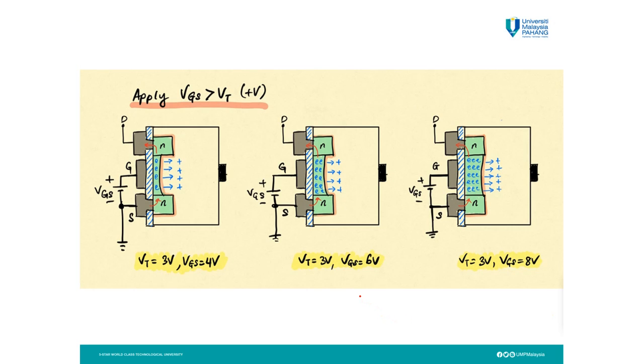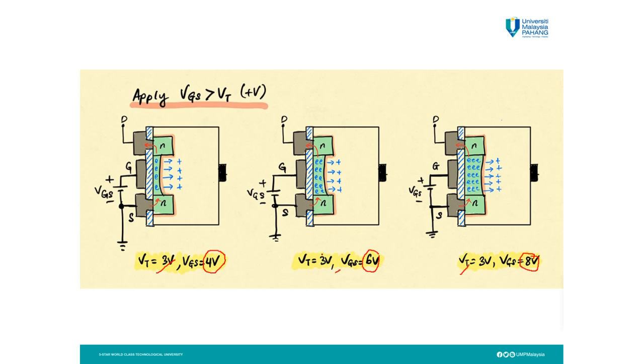Okay, let's take a look at VGS positive, and it must be greater than VT so that the transistor is on. For these three diagrams, I already said VT is the same. VT is 3 volt for diagram 1, diagram 2 and diagram 3. But I increase the VGS from 4, then to 6 volt and also to 8 volt.